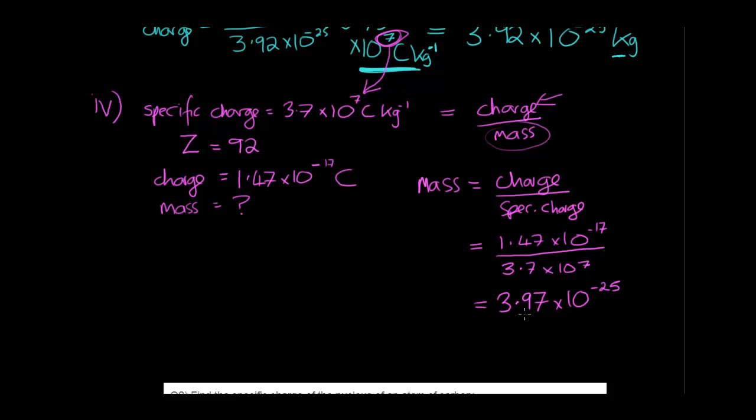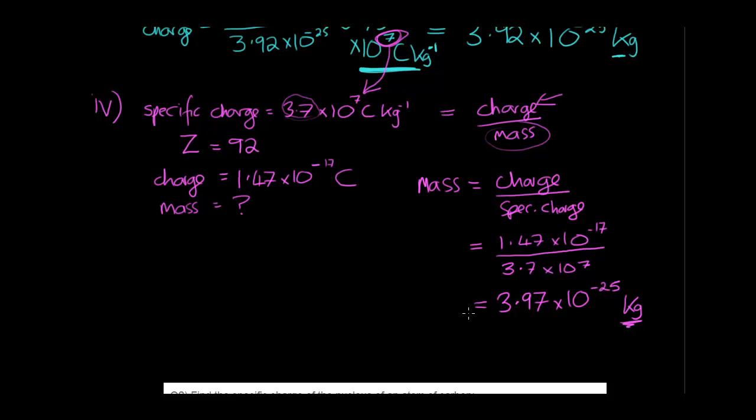By the way, I'm going to 3 significant figures just in the calculation. The rule of thumb is that we should only go to the same number of significant figures for our final answer as for the smallest number of significant figures in the question, and we'll do that right at the end, but for the moment let's keep an extra one in there for accuracy to avoid rounding errors. So we now know that that's 3.97 times 10 to the minus 25 kilograms.